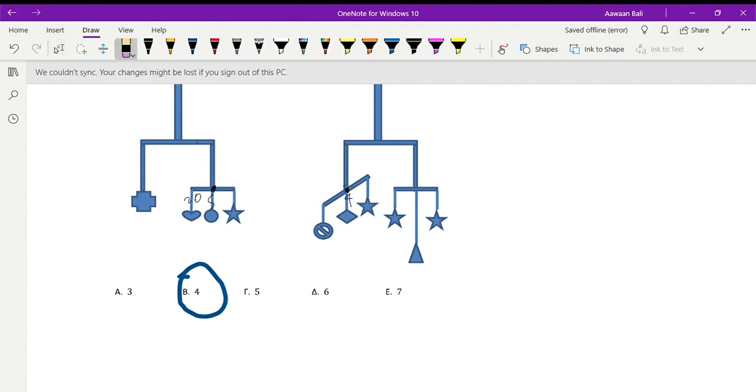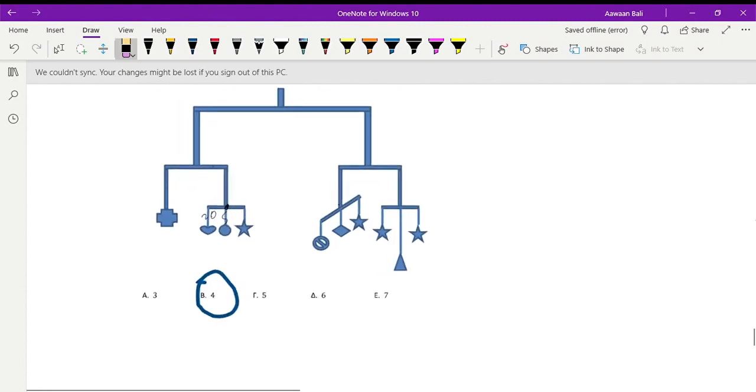This is a scale. If the circle is a bit higher than the diamond, which is a bit lower, then that means that the diamond has to be lower. So the maximum possible one is 4.